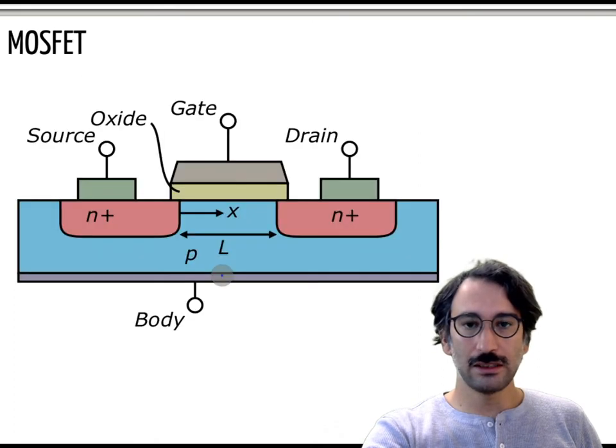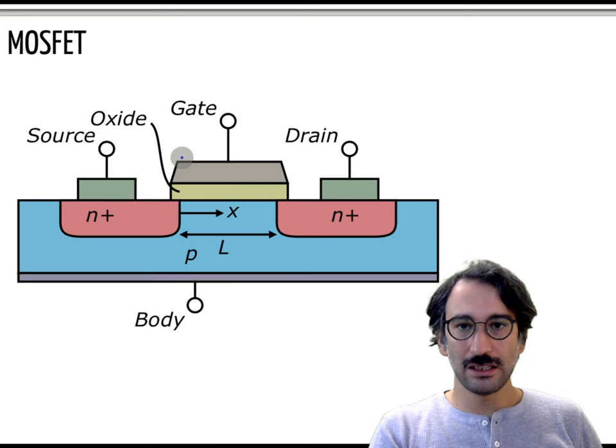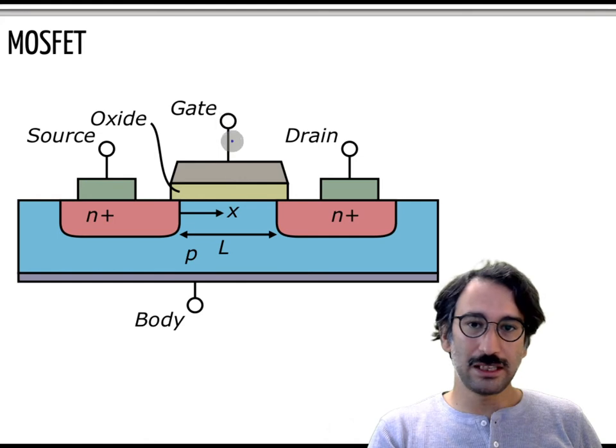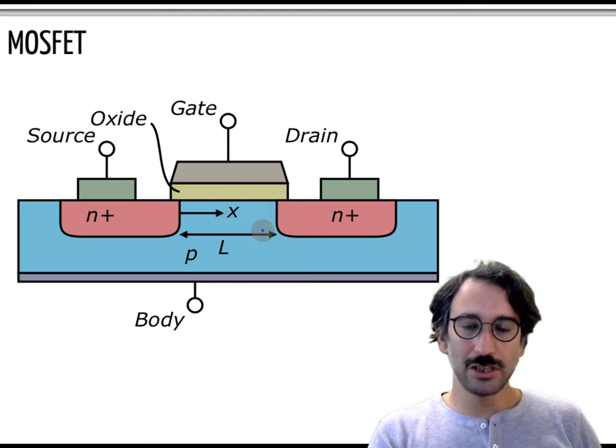If you look at the internal structure, you have the gate terminal here, and you have an NPN structure, this is N-type, and you have the source and the drain terminals. Between the gate terminal and the P junction you have a metal oxide layer.